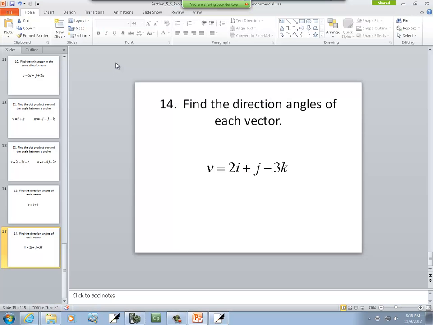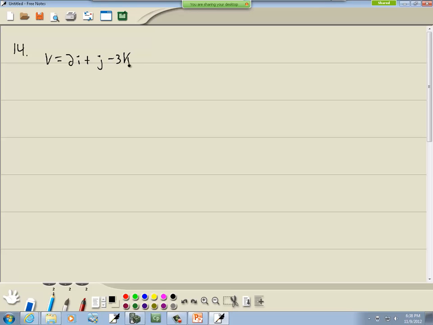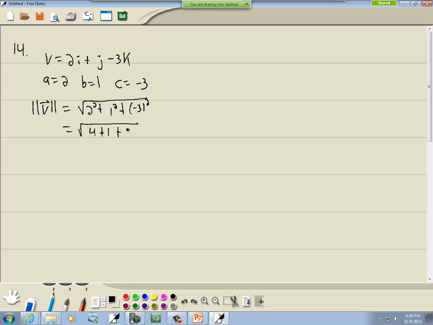Remember, these are all vectors, except for the numbers out in front. We need to first identify our a, b, and c. Well, a is the number before your i, which is 2. B is the number before your j, which is 1. C is the number for your k, which is negative 3. We need our magnitude, which is the square root of 2 squared plus 1 squared plus negative 3 squared, which gives us 4 plus 1 plus 9, which is the square root of 14.